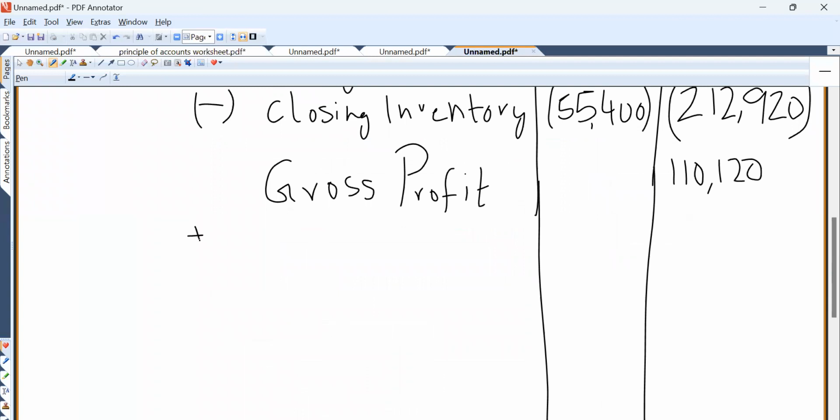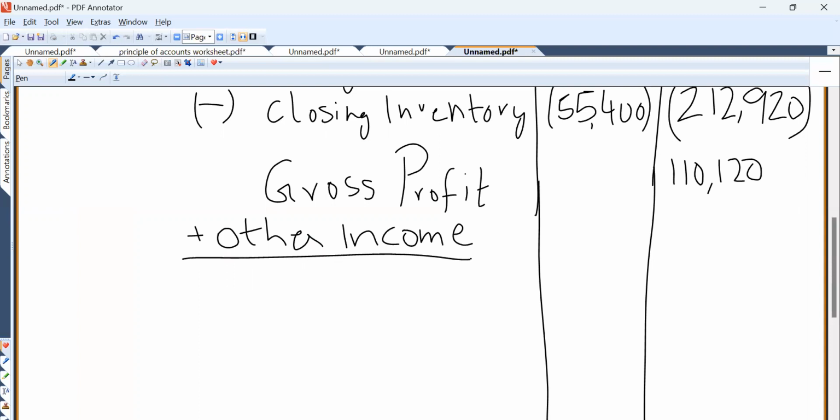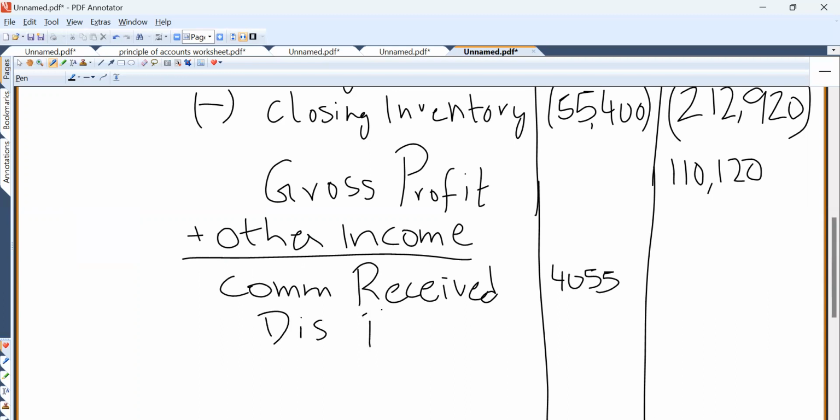Now I will add non-operational income or other income to the gross profit. The other income we have in this question is commission received, 4,055, and discount received, 1,200.